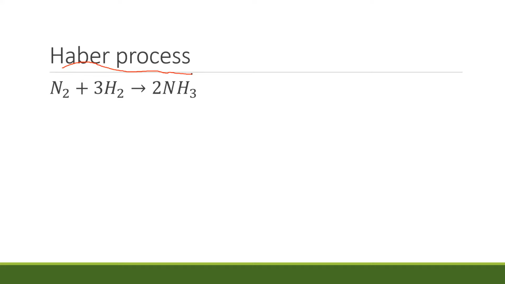Fritz Haber was, I believe, a German chemist. And in 1910, there was a massive issue, I think in Ireland, where there was a famine, and there were famines around the world. Essentially they couldn't make very many agricultural products. They couldn't make a lot of wheat or a lot of potatoes or anything.